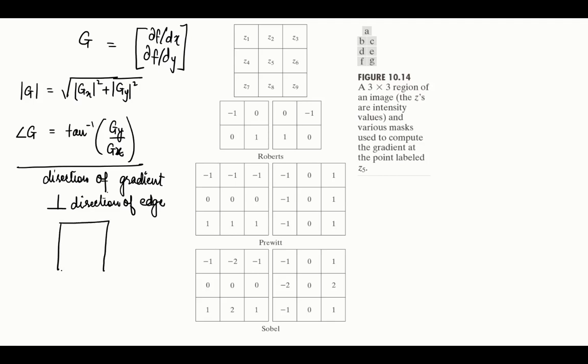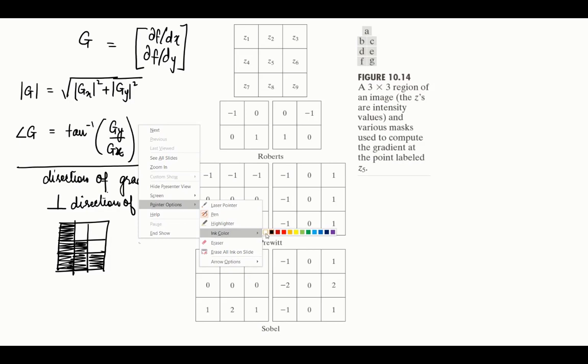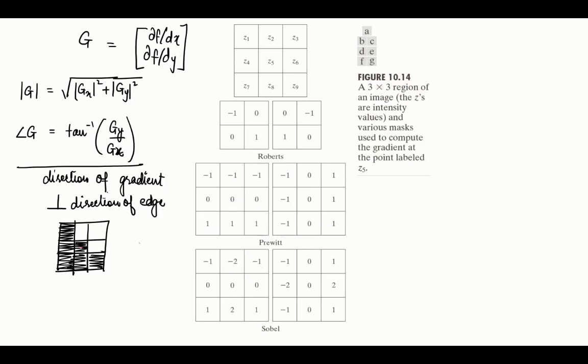That means if I was looking at a small 3x3 neighborhood, and if I had an edge here, right? So my gradient direction would be pointed in which direction? My gradient would have been found in this direction, right? 45 degrees.